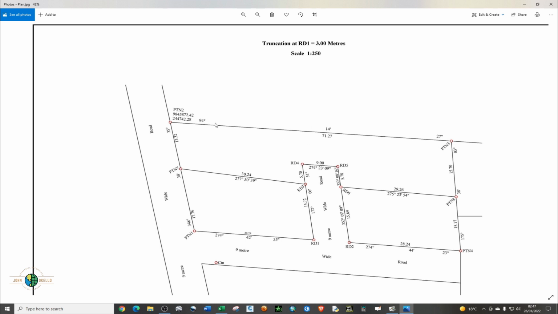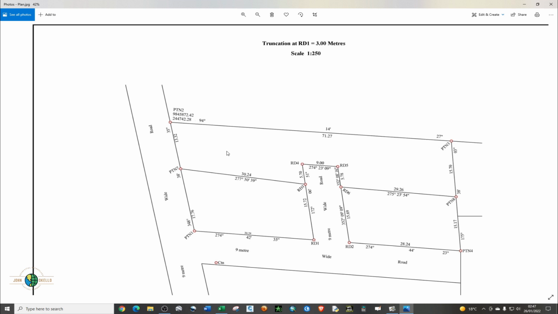So we're going to utilize the bearing distances to move from point PTN2 to PTN3, then PTN3 again to PTN4, and so on. So RD2, RD6, RD5, like that. And then you will close by checking if the points are correct by actually closing to PTN2.